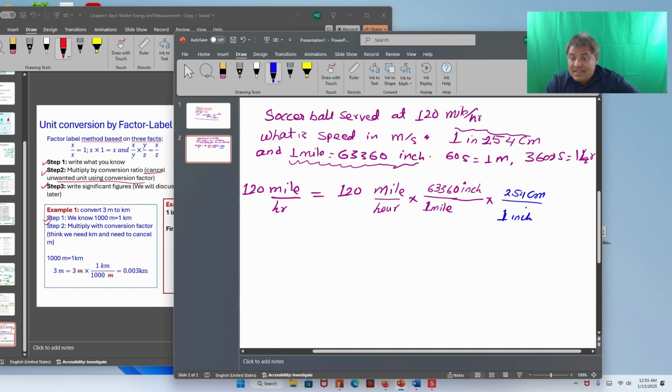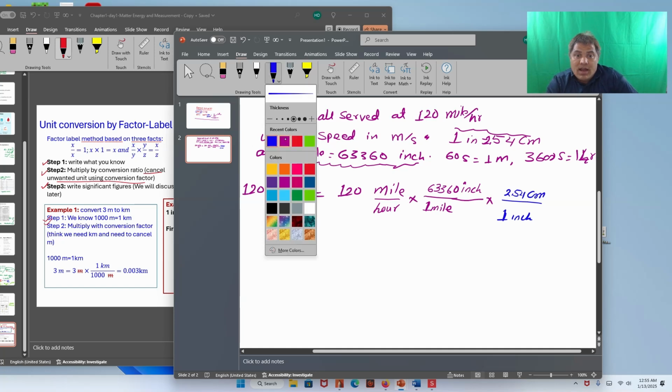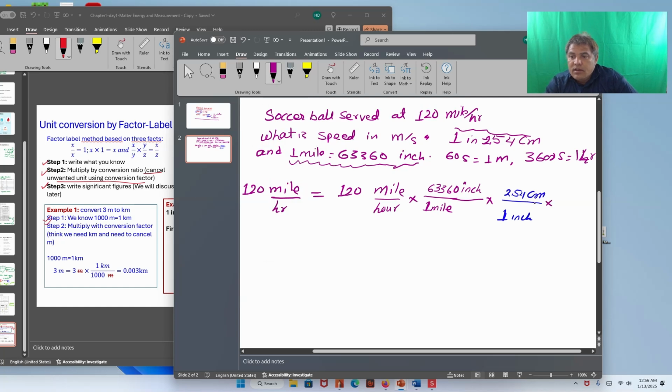Still I don't need the centimeter. I need meter, so I have to reach the meter. That's why convert that centimeter into meter also. 100 centimeter is equal to 1 meter.